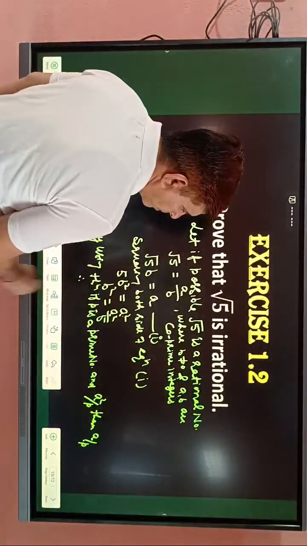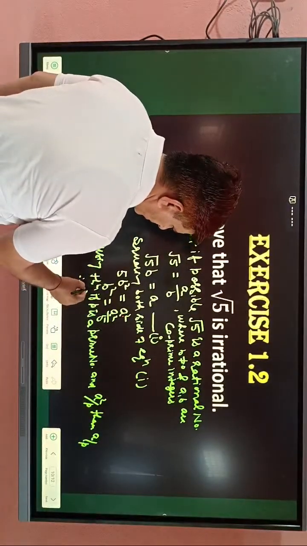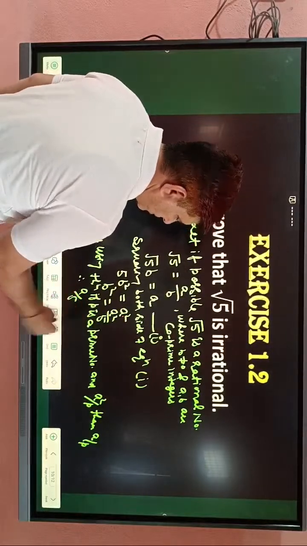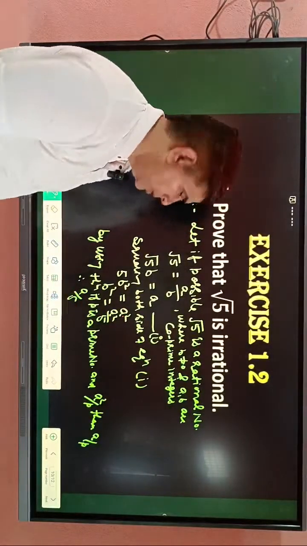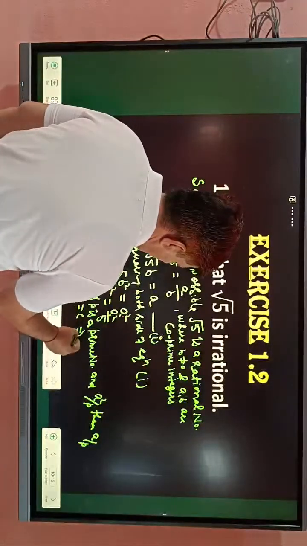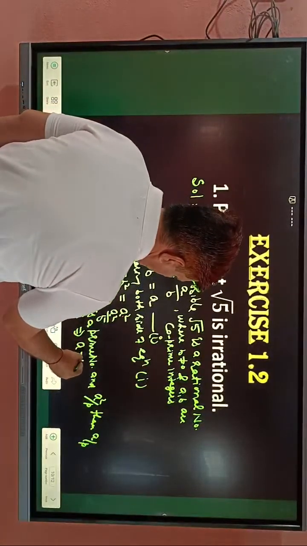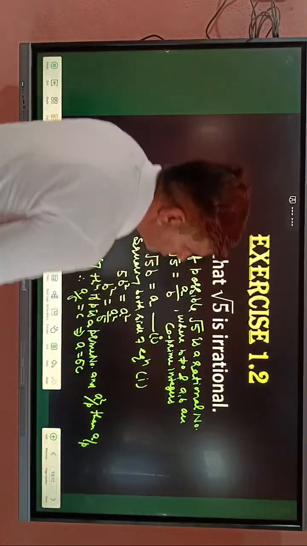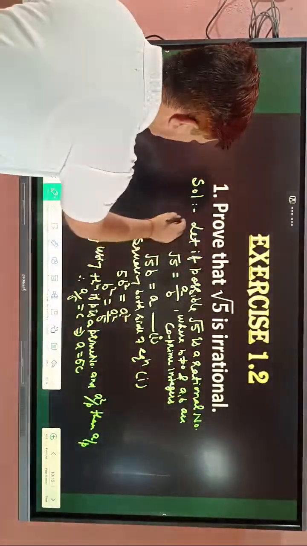Therefore, 5 is a prime number, 5 divides a also. And we can take this equal to c, which means a equal to 5c. Understood?